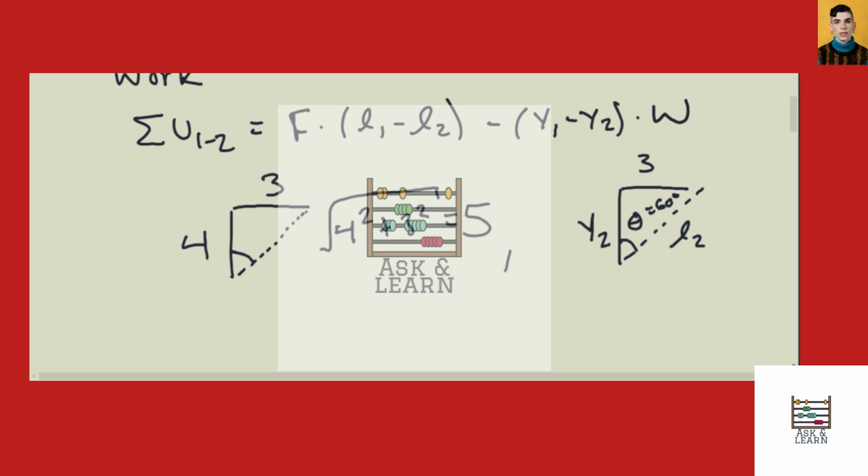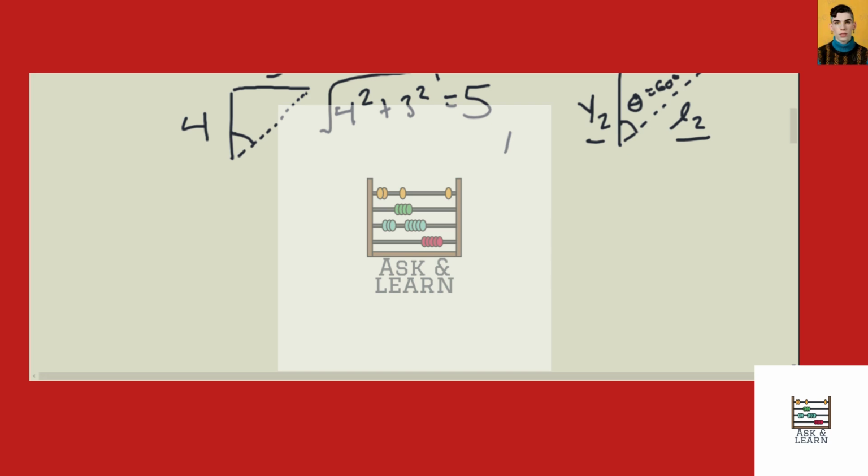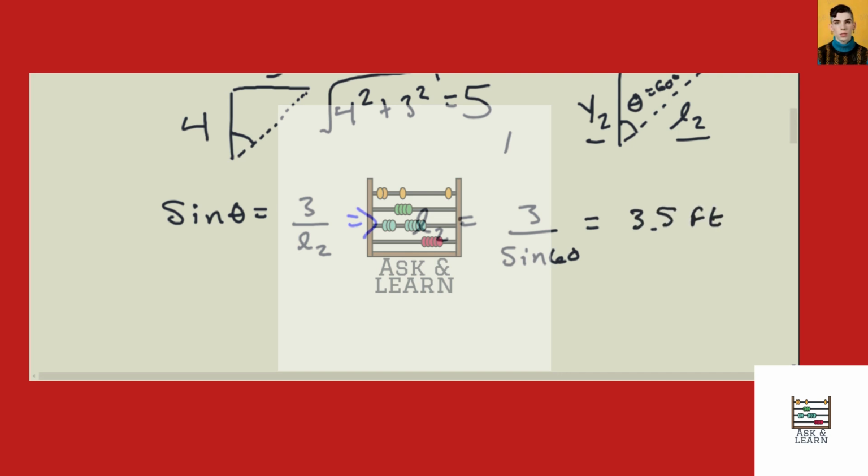So now let's find y2 and L2. From that triangle we can say sine theta is equal to 3 over L2. Solving for L2, we get 3 divided by sine of 60. So for L2, we get 3.5 feet.